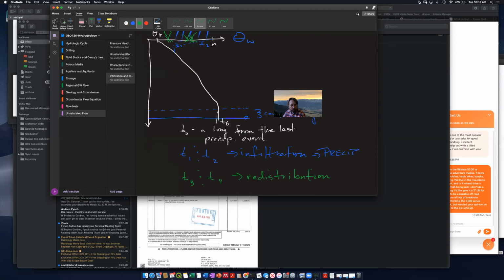So T3 might look something like this, and T4 might look something like this. So our front of increased saturation has moved down into the profile, and the wet surface zone is starting to dry back up as water drains. And this is called redistribution, the draining of this wetting front down and increased water moving down.